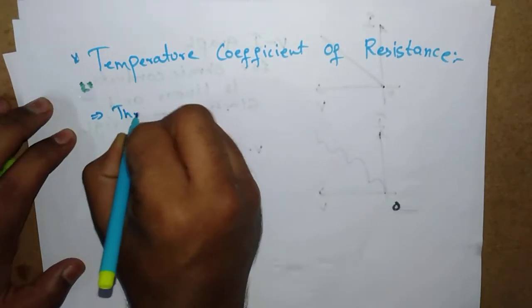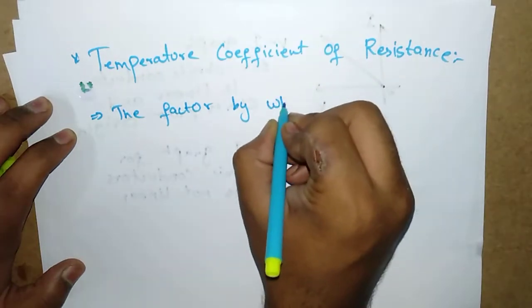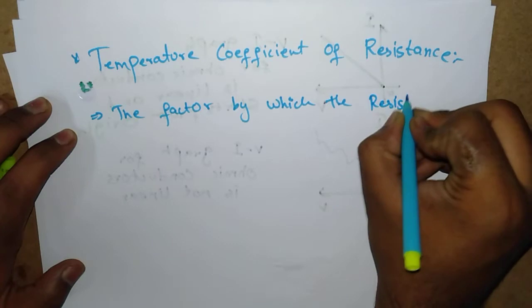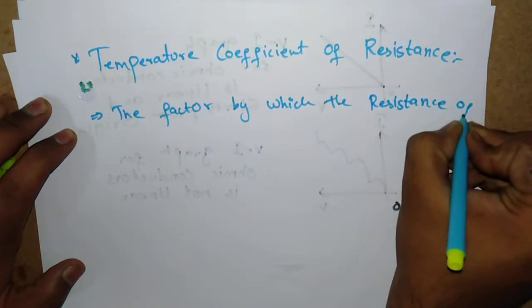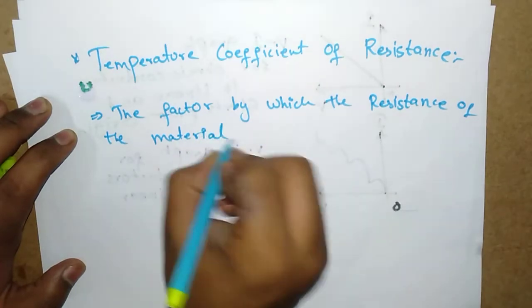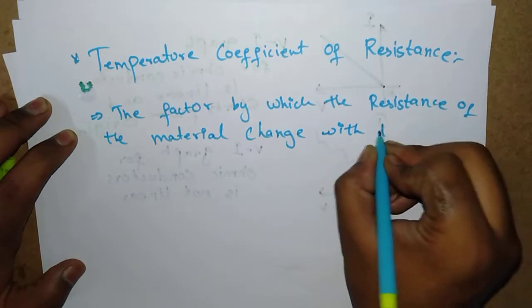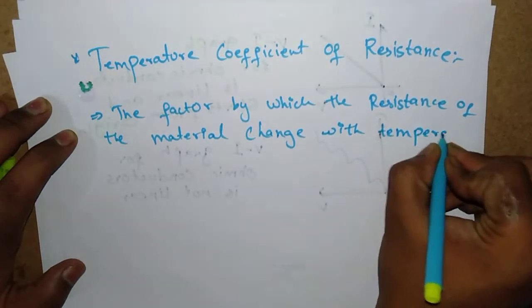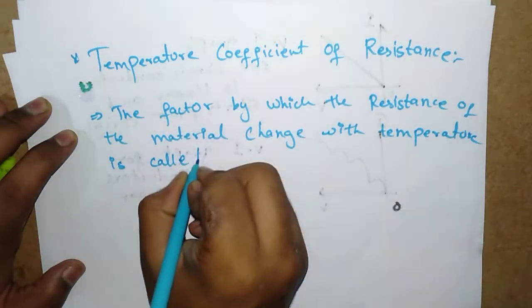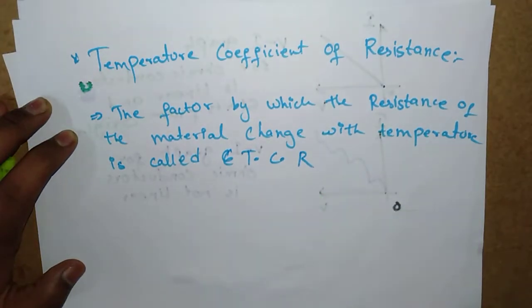So the factor by which the resistance of the material changes with temperature is called temperature coefficient of resistance, TCR.